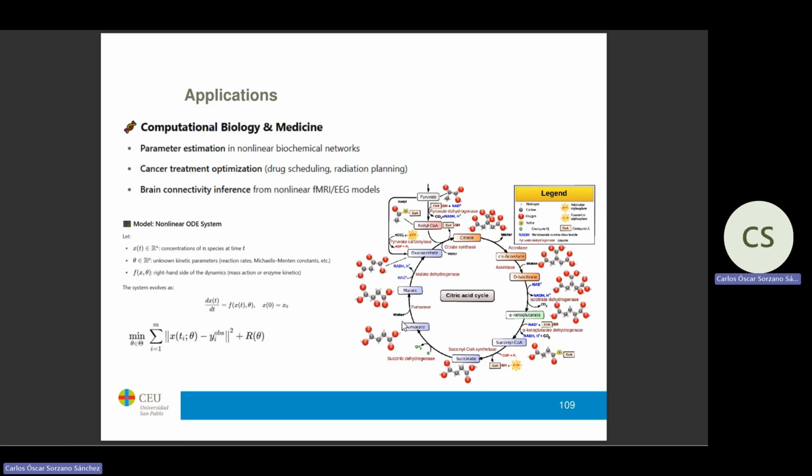In biology, you also have this kind of optimization, where you have some observations of the concentration of some chemical species. For instance, you have a culture of bacteria of a particular kind. You have put in certain concentrations of nutrients, and then you observe the production of some metabolites.